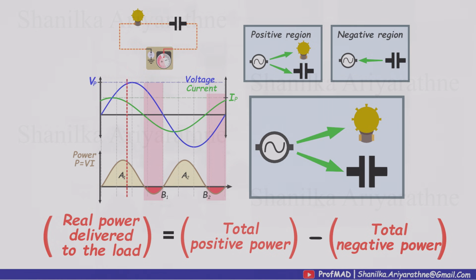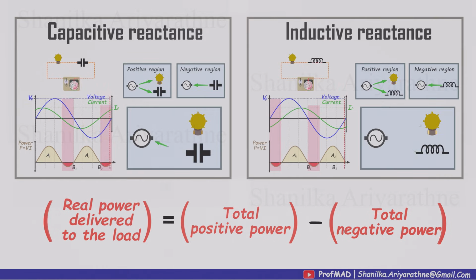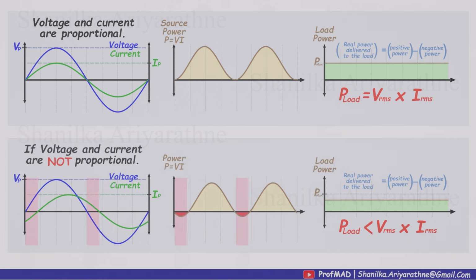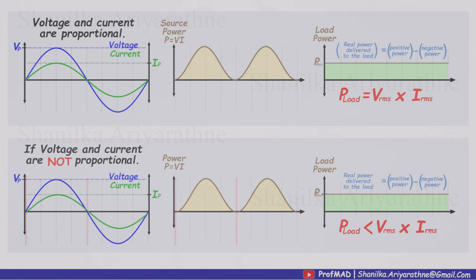The same behavior occurs when an inductor is connected in the circuit. If voltage and current are proportional, meaning they are in phase, the power equals VRMS times IRMS. But when the current shifts in time, things change.